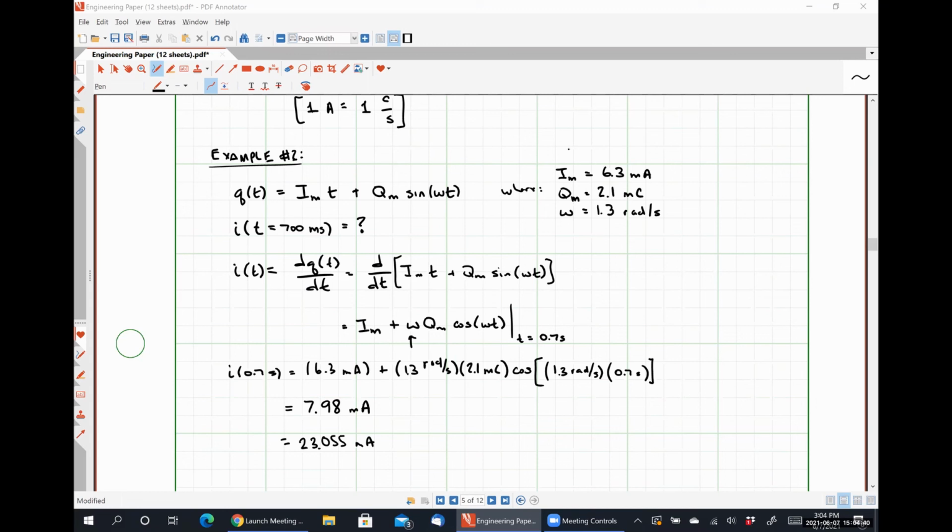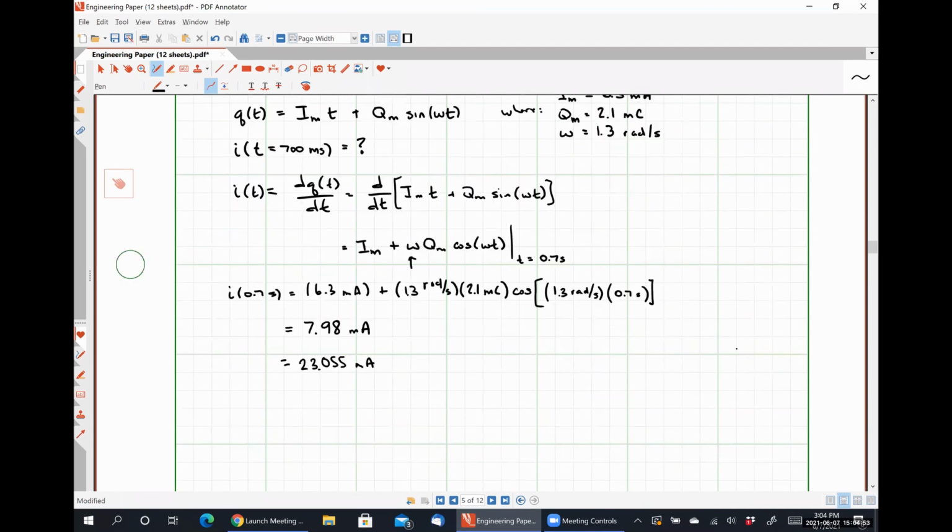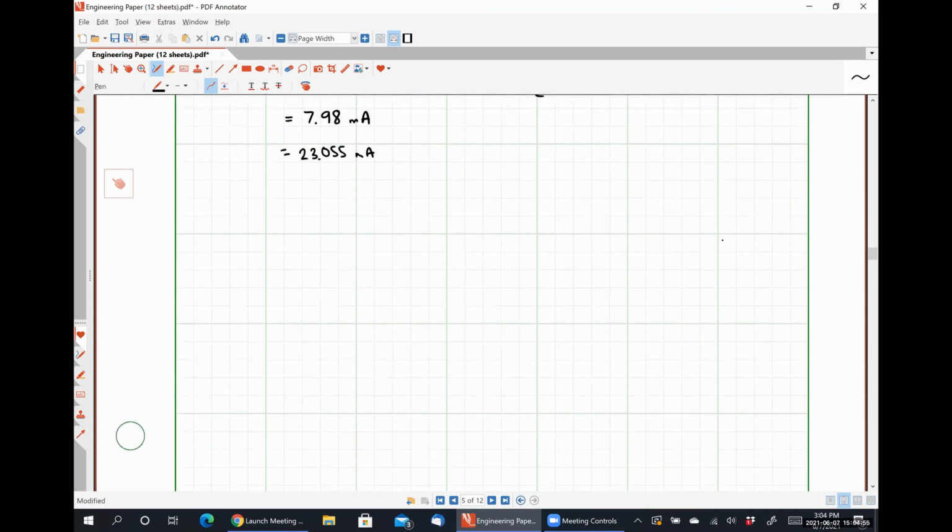All right, let me do another problem real quick here relating current and charge. This is another way that I like to ask questions on a test. So let's say that I have the following graph.